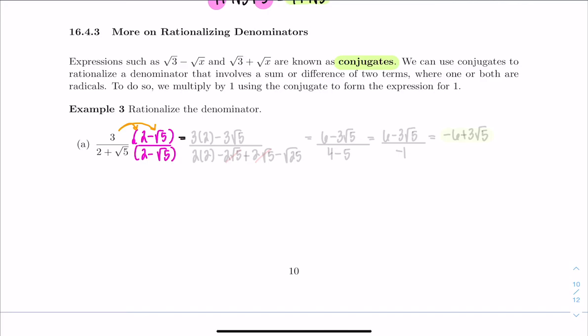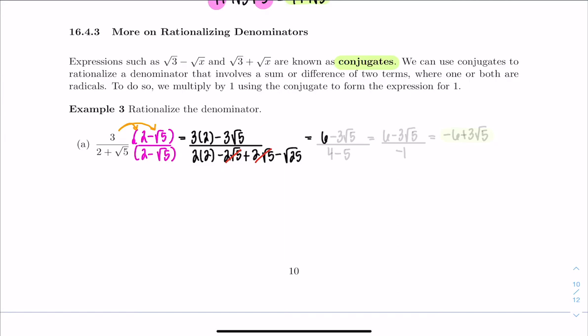So on top, we have 3 times 2 minus 3 times the square root of 5. And then on the bottom, we have 2 times 2 minus 2 square root of 5 plus 2 square root of 5 minus the square root of 25. And so these two middle terms end up canceling.